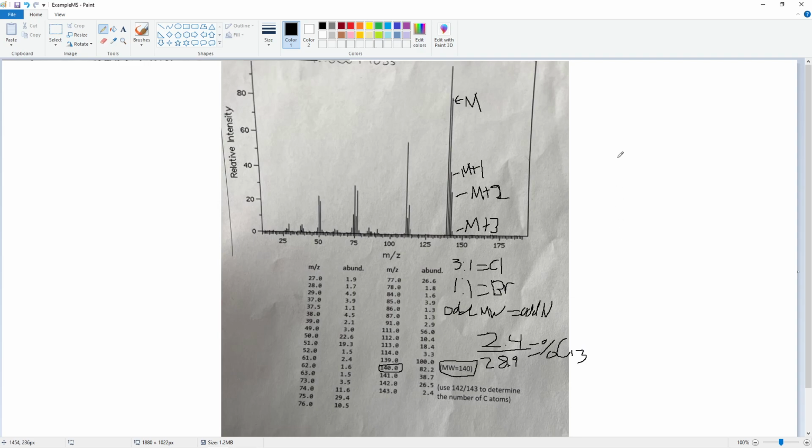And then from there, you're going to divide your percent of C13 by 0.011, because about 1.1% of all carbon is carbon-13. Let me do the math quickly.